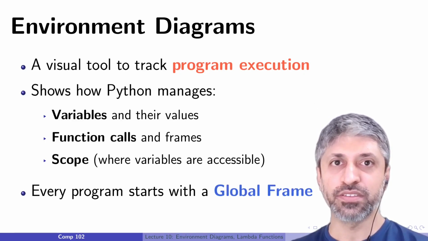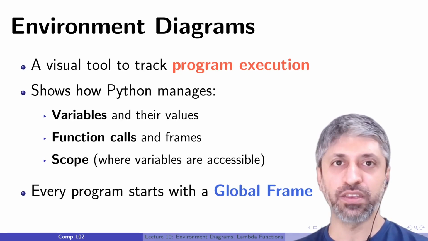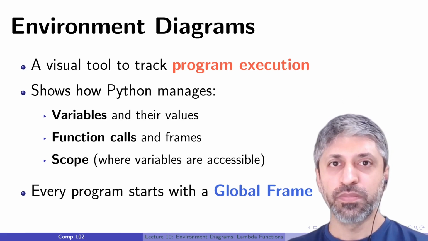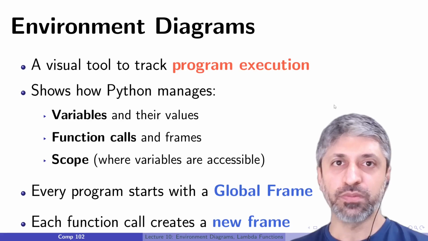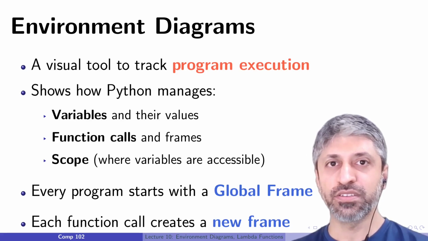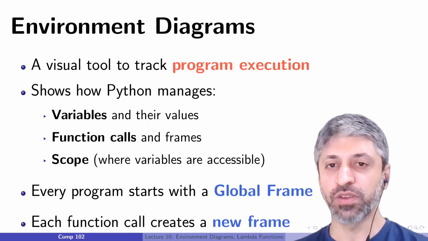Think of it as your main room where everything begins. And every time you call a function, Python opens up a brand new frame, like a little side room just for that function to do its work in.